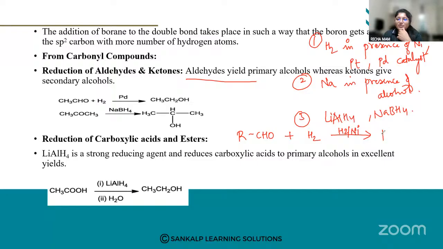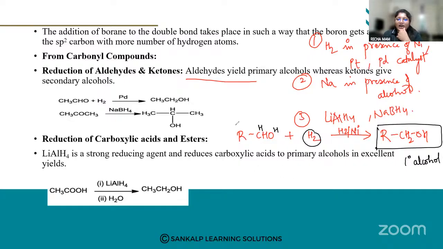Reduction means addition of hydrogen. So I am going to get RCH2OH. We have added hydrogen, one hydrogen here, one hydrogen here. So I got a primary alcohol.